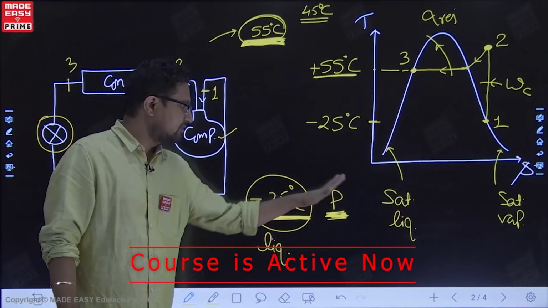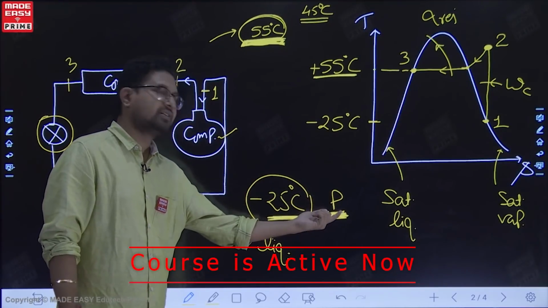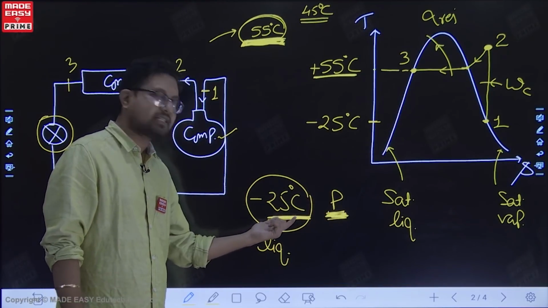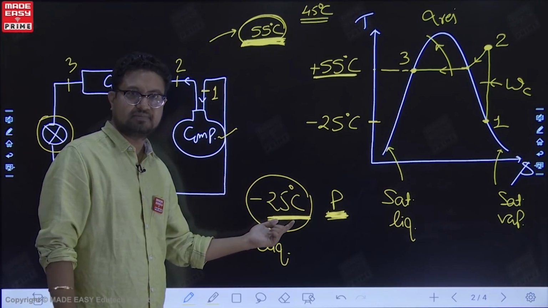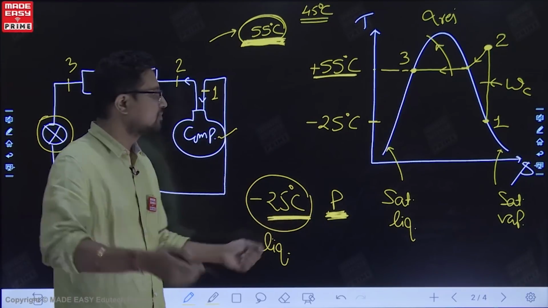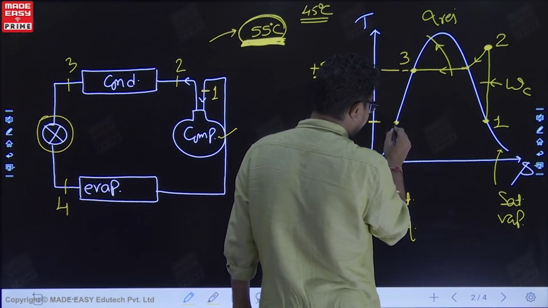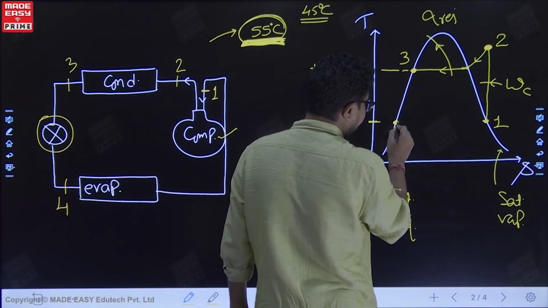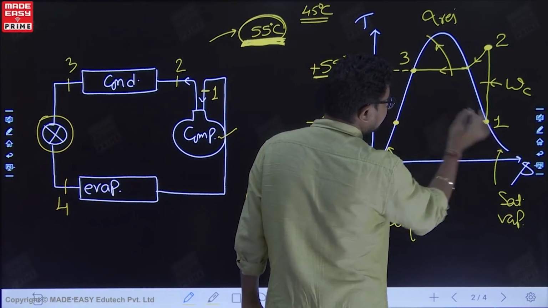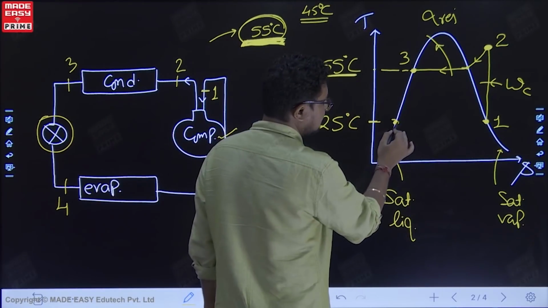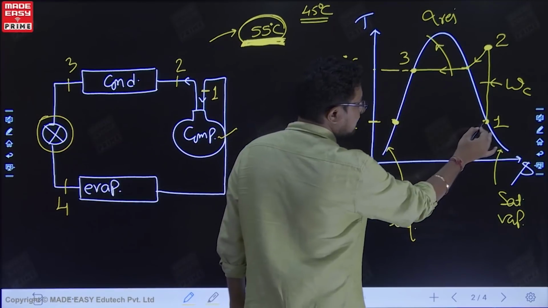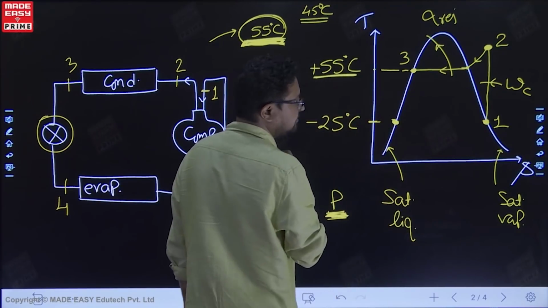So, we have taken a value of pressure at which you can exist at minus 25, not above that. So, the liquid will change into vapor. So, the resulted mixture will have some part of saturated liquid and some part of saturated vapor.